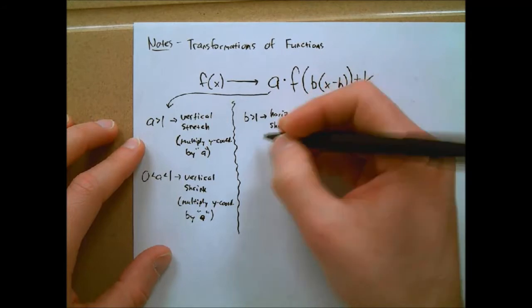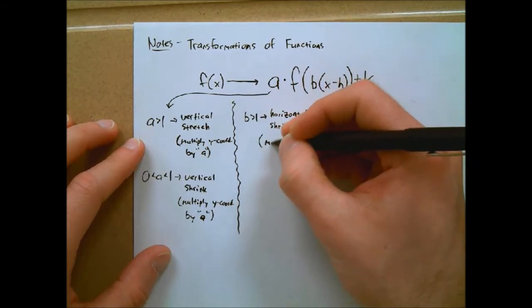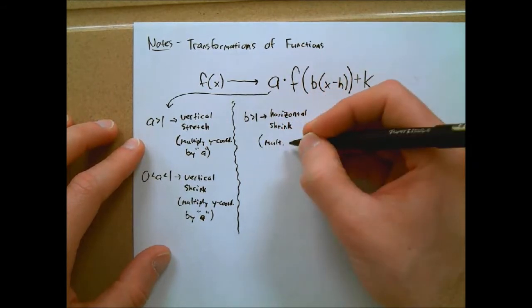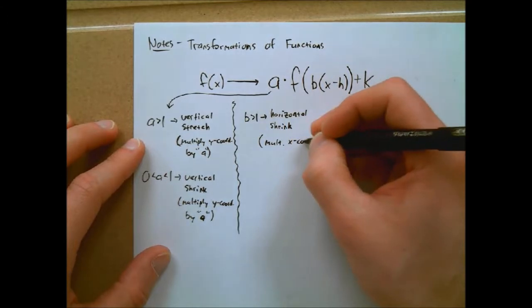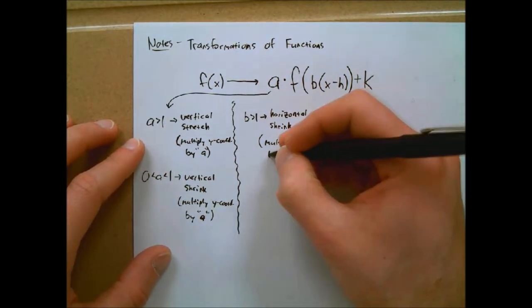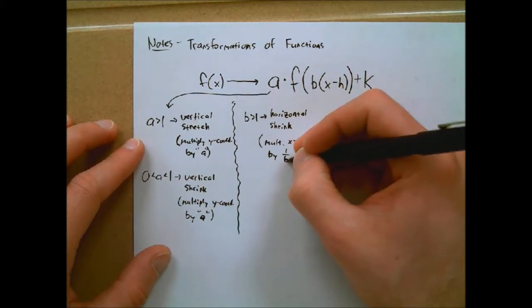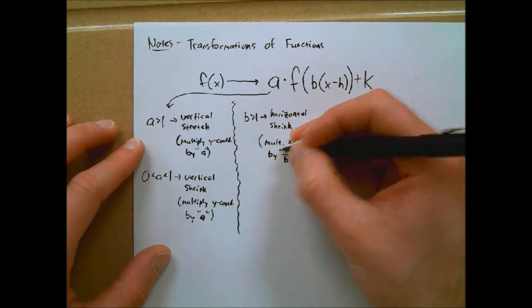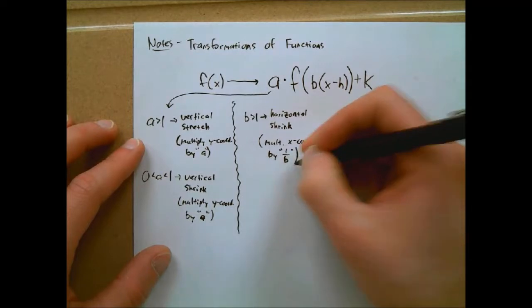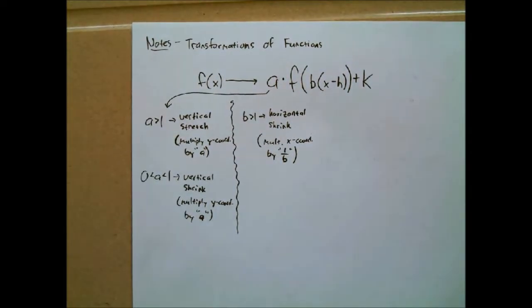Okay, in this case we would multiply, I'm just going to start abbreviating here, multiply the x coordinate by 1 over b. Or in other words, divide the x coordinate by b and that'll shrink it down. So the y coordinates in this case would stay the same for the horizontal shrink.